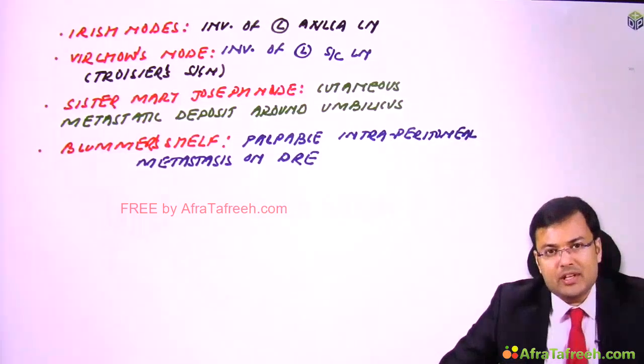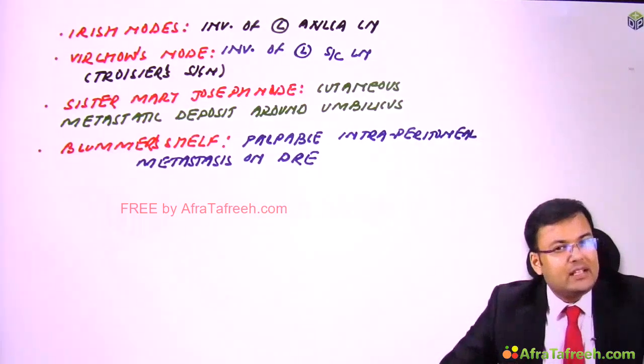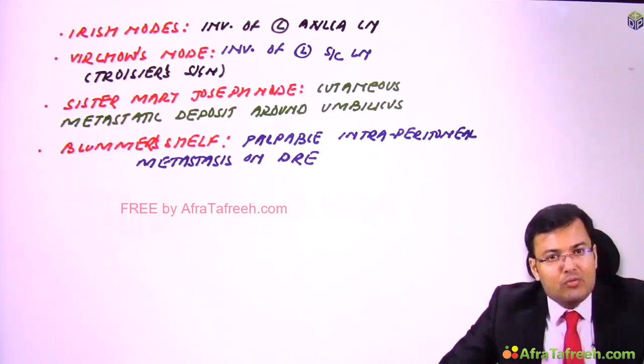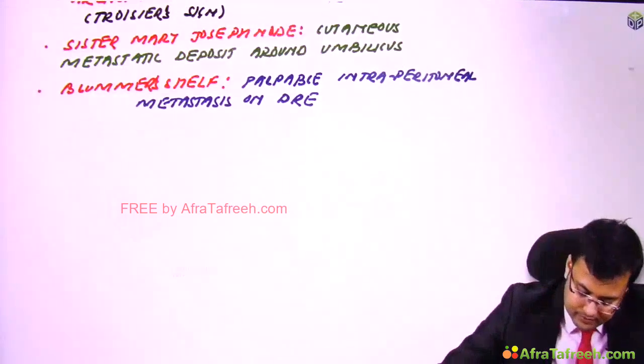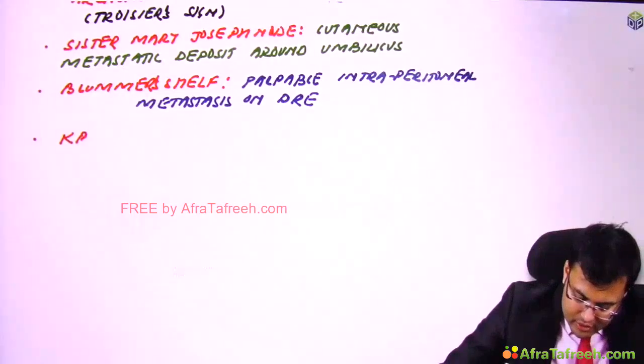This is Blummer's shelf, and you must be knowing that there is involvement of bilateral ovary in carcinoma stomach. And what's the name? It's Krukenberg tumor.